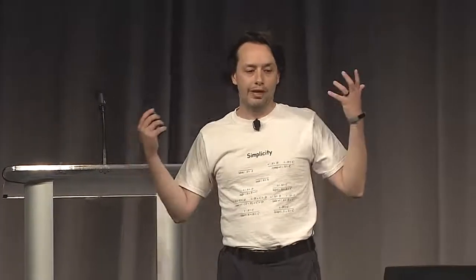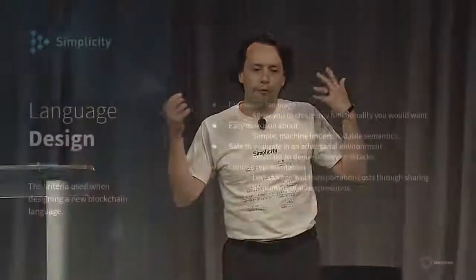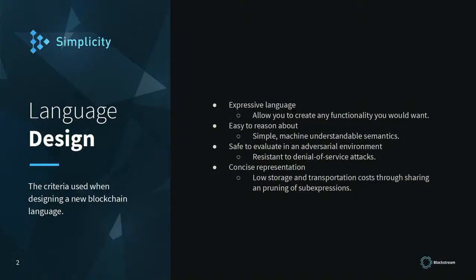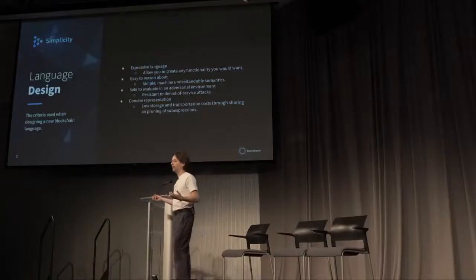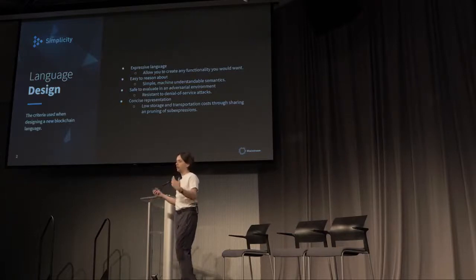So I was thinking about designing, if we wanted to do something, what would we do if we were designing from the bottom up? Just forget about Bitcoin script and do something else, right? So we want an expressive language that would allow you to create any sort of functionality you want, right? So maybe not have such a limited set of hash functions or cryptographic primitives.